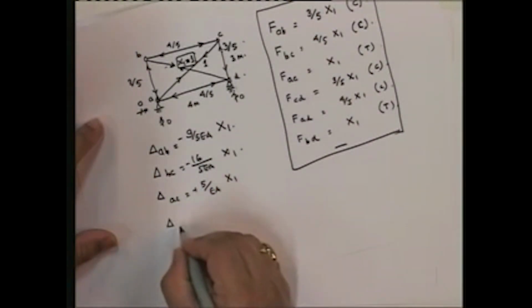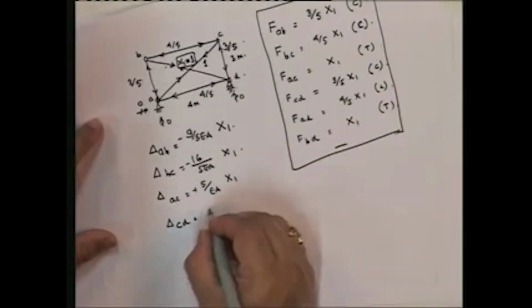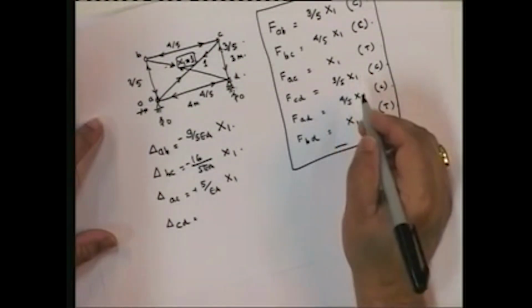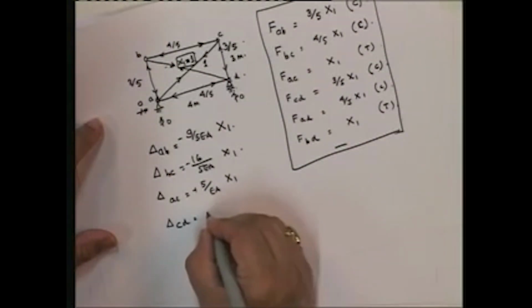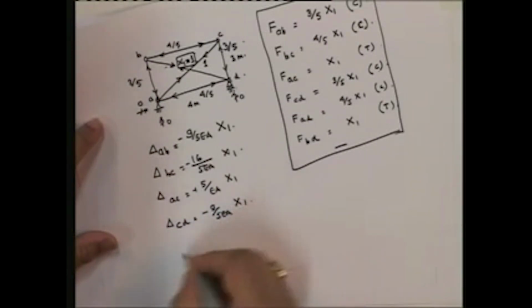And then delta CD is equal to 3 by 5 x1 into, what is the length? The length of CD is equal to 3 meters. So this is going to be equal to minus 9 by 5 EA x1.